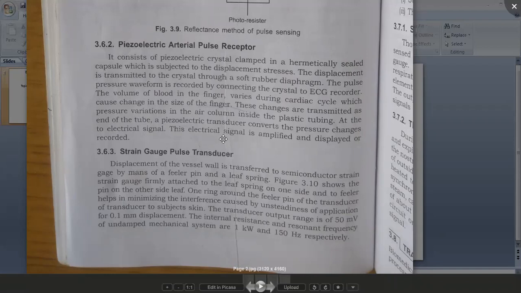Coming to the next pulse transducer, that is the strain gauge pulse transducer. Here, displacement of the vessel wall is transferred to a semiconductor strain gauge by means of a feeler pin and a leaf spring. I will show a figure to you.